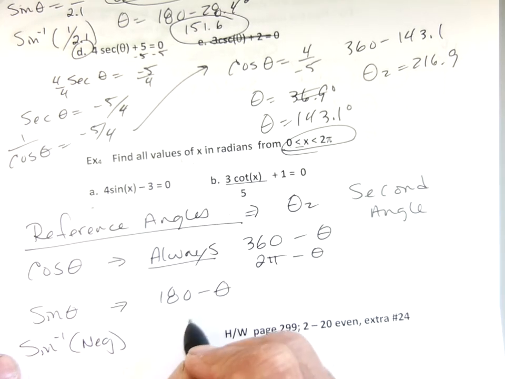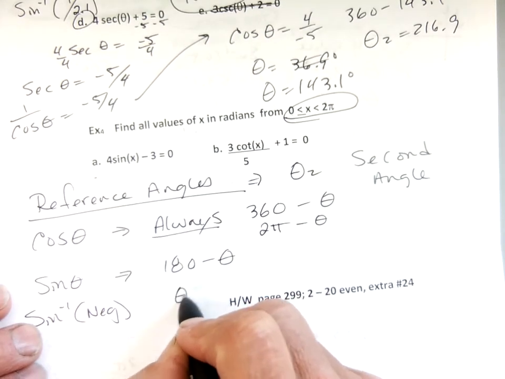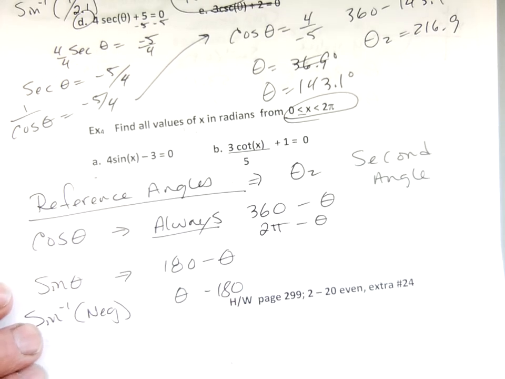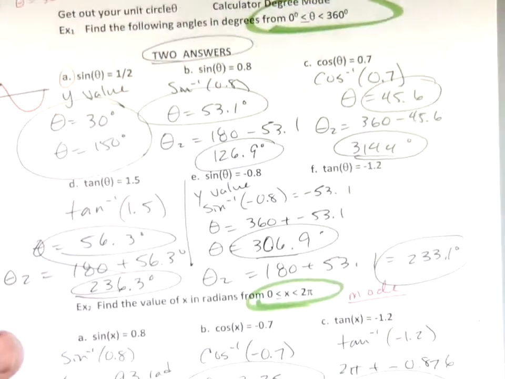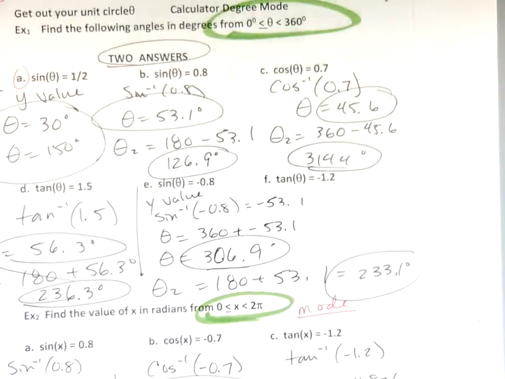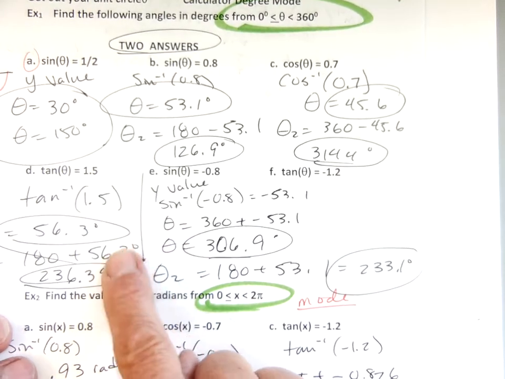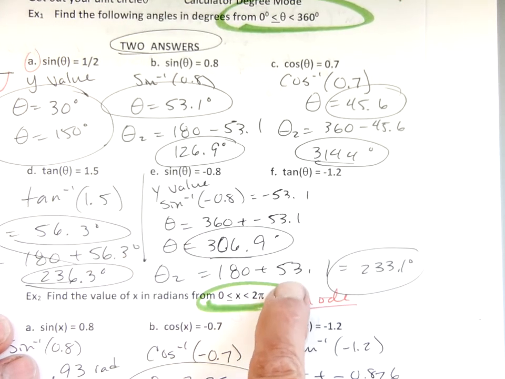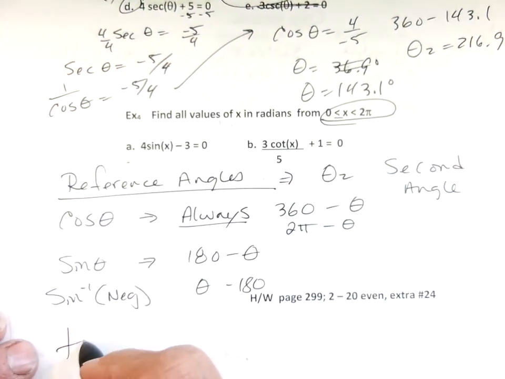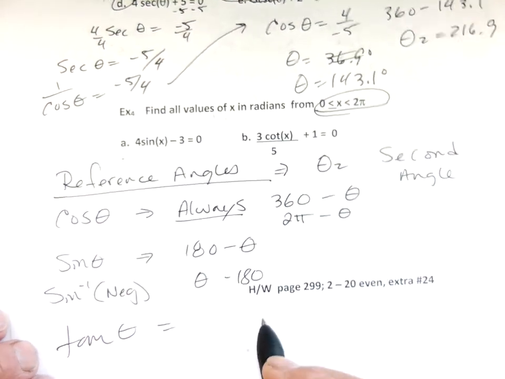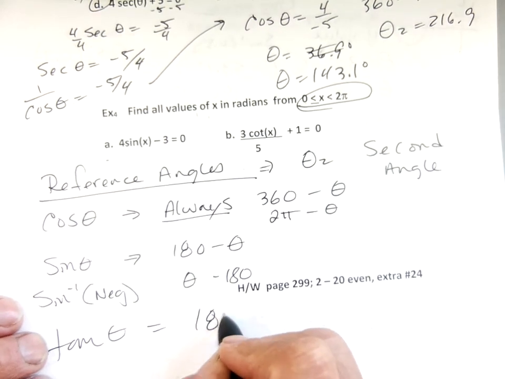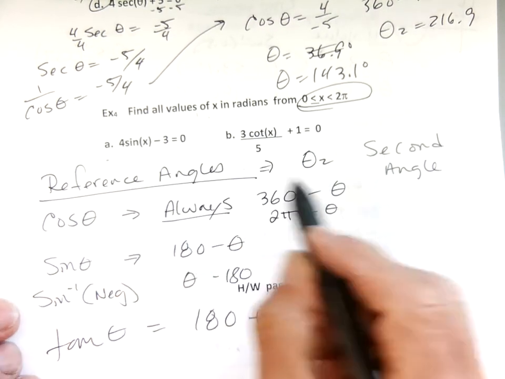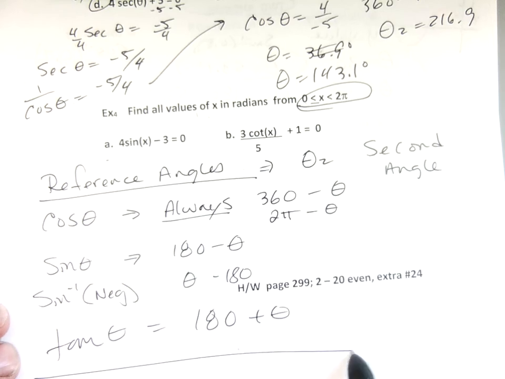Then you're going to go the theta minus the 180, okay? But I'll show you that. So for instance, here, where is it? Right there. So we want 180 plus that angle, okay? And then finally, tangent is always going to be 180 plus your angle, okay? And that should help some to get your second angle, okay?